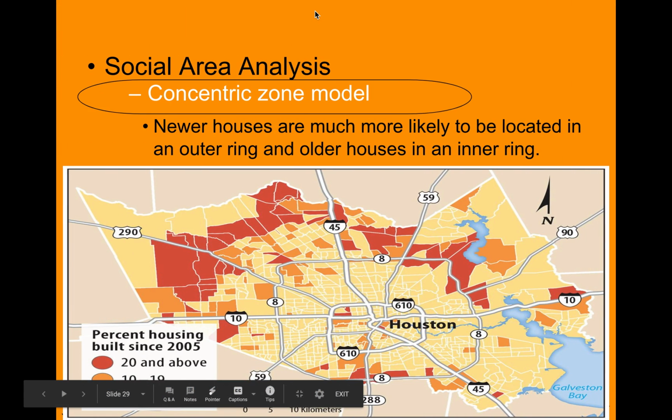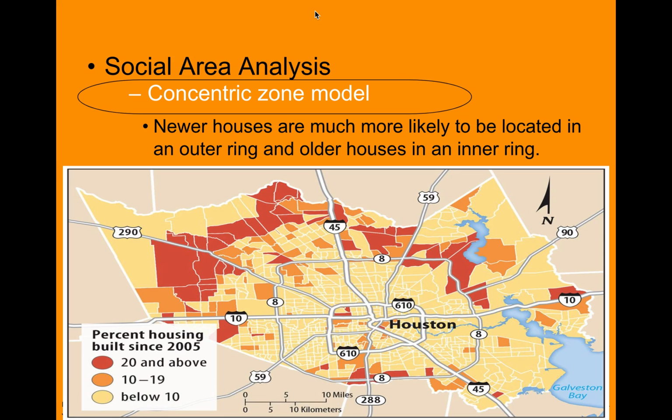The next is the social area analysis of the concentric zone model. It tells us a lot about the newer houses. It tells us where the wealthier socioeconomic classes are.